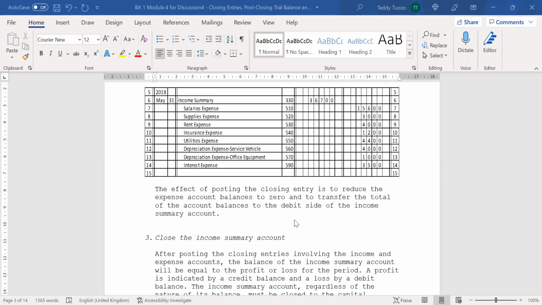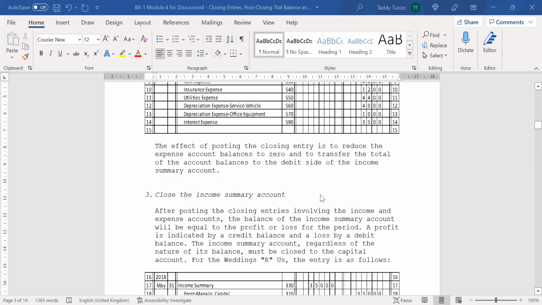So, let me explain, there would be instances where the income summary may have a debit balance if the expense or expenses is greater than income. And then the income summary would have a credit balance if income is greater than expense.